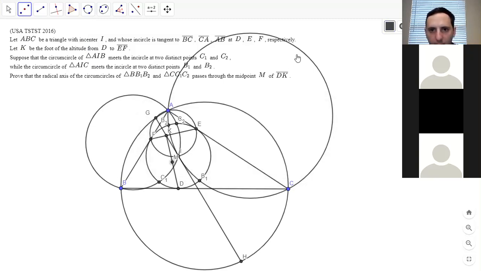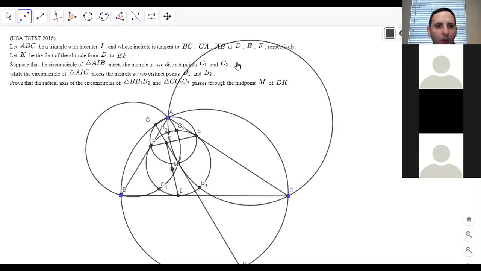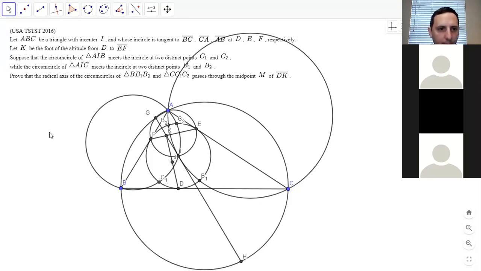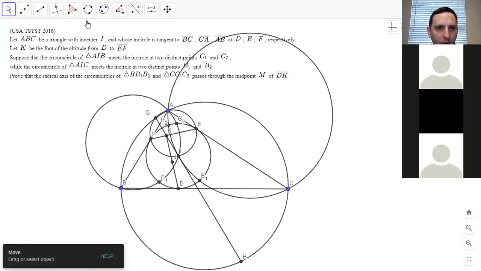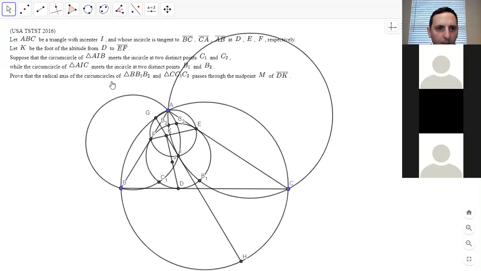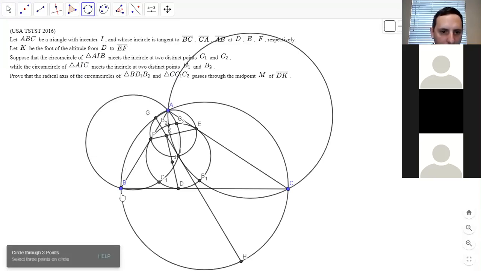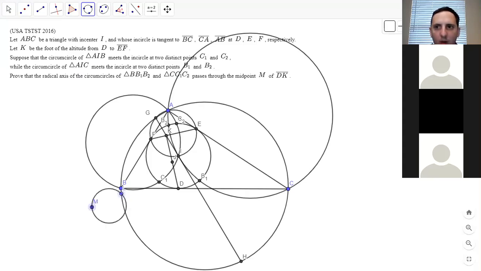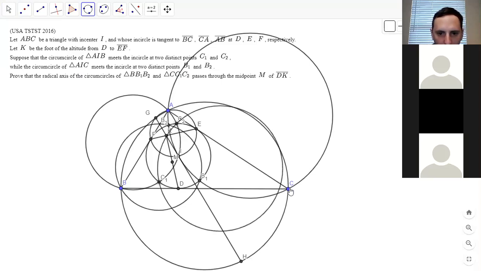Let's check the chat. Oh, it's all right. So we want to show M has the same power with respect to those two circles, B, B1, B2, and C, C1, C2.